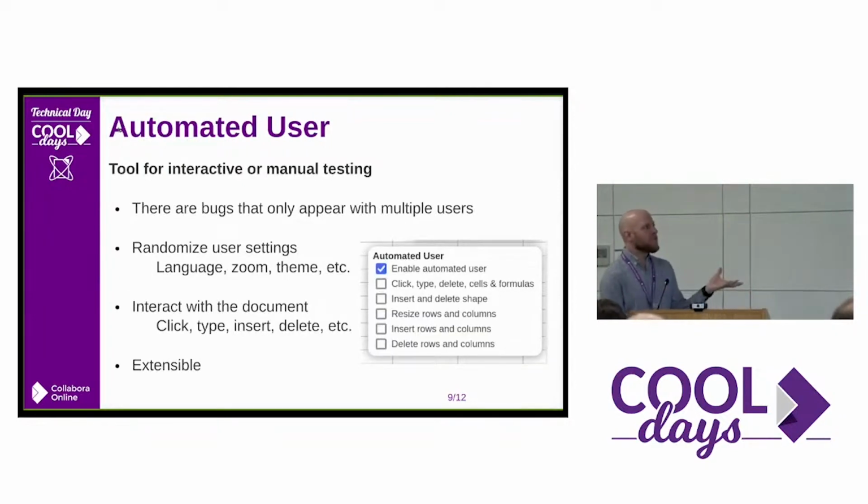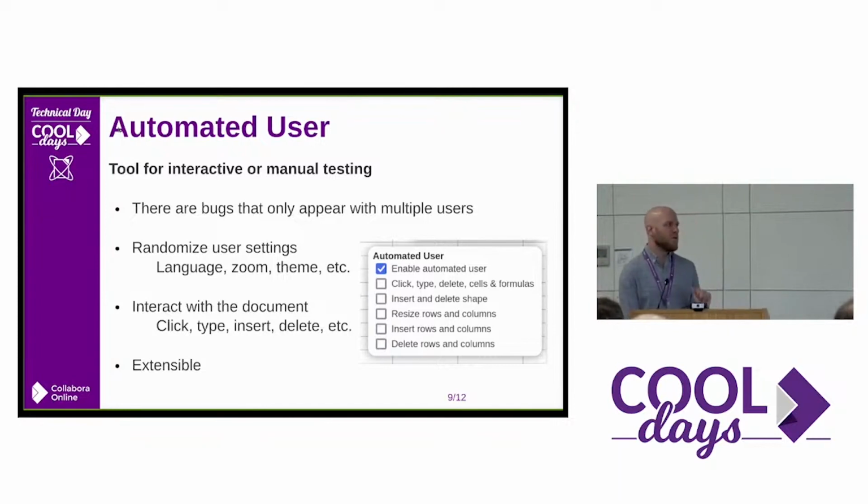I also built this tool for manual testing that our QAs are doing, and developers can use it too. When you're a single developer, it's hard to test multiple people in the same document because you only have one mouse, one keyboard. So this is a tool that allows you to simulate multiple users in the same document for finding bugs, investigating bugs, or reproducing failures, that kind of thing.